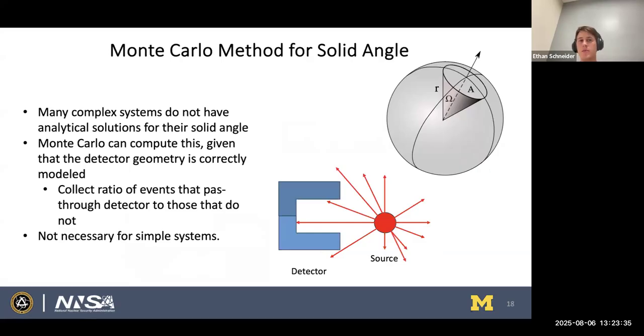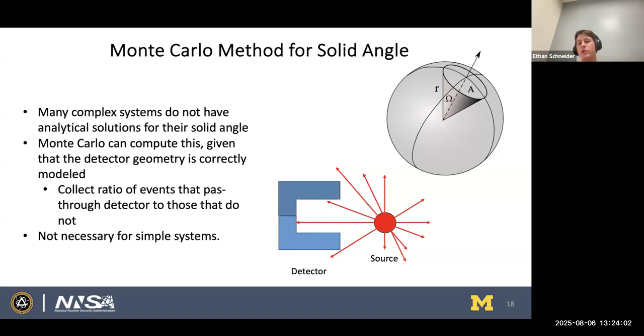So in cases where we have a very complex system where we can't analytically solve for the solid angle, we can use a different approach. One of the best approaches for this is just using the Monte Carlo method. It can be done with the various tools that we have on hand. You might use Geant4 or Fluka. You have all these radiation transport codes.